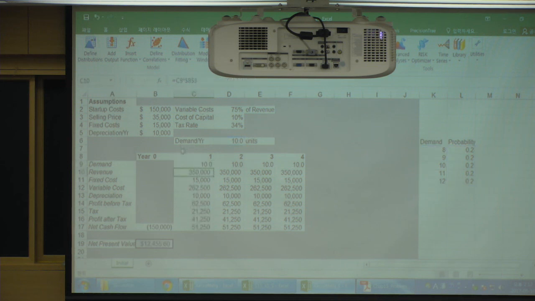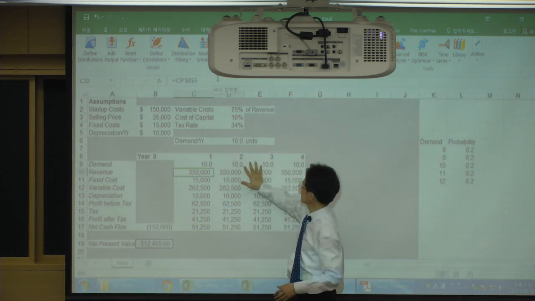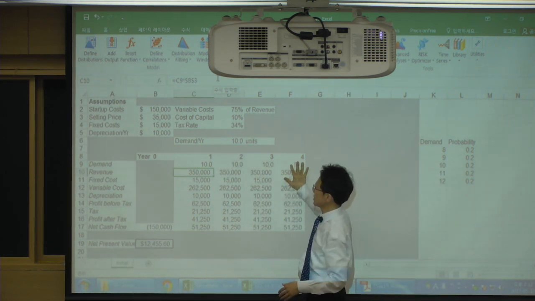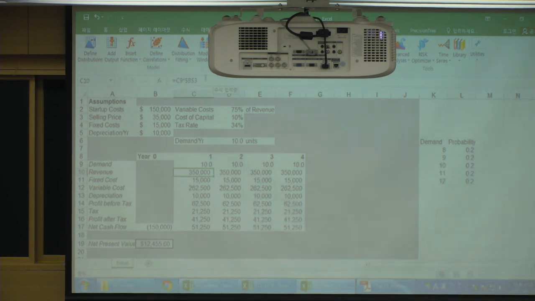Okay. So now I want to copy this. You do the same thing for the second year, third year, fourth year, and then you have all this demand converted into uncertain figures, uncertain numbers.